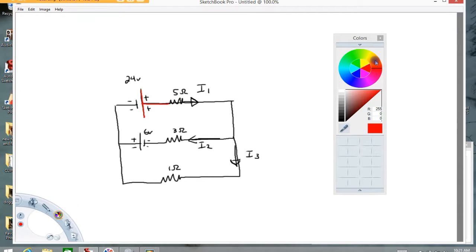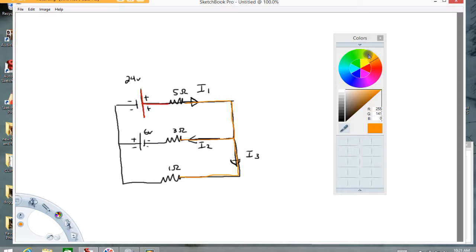So maybe I'll color that one orange. And that potential will be the same up to this point, down along through here to this point. I can draw that a little better. Again, the reason it's the same is this is all conducting material. The conductor itself is an equipotential. When we go across this resistor, we're going to drop in potential again.